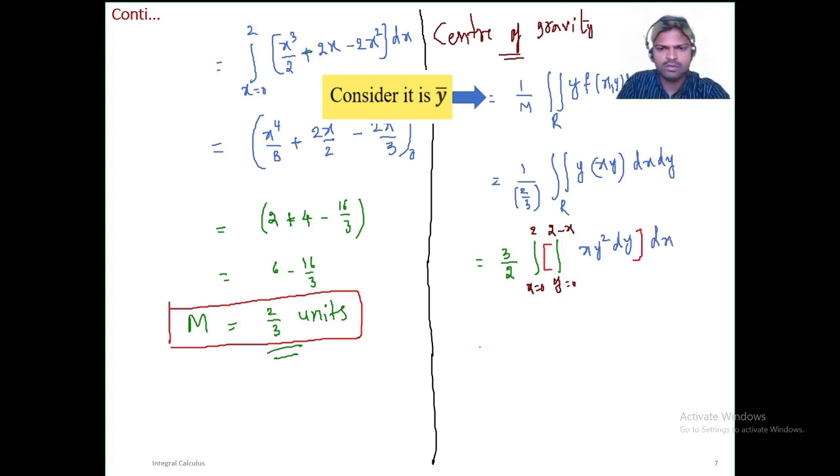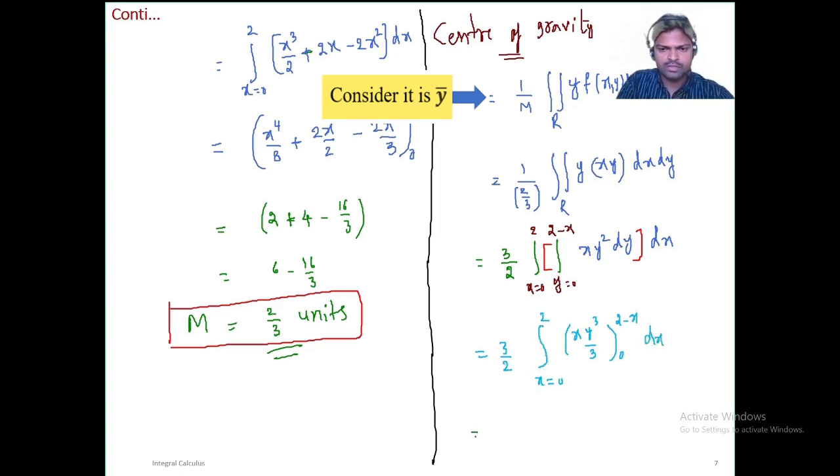Therefore 3 upon 2, now evaluate the integral. First with respect to y, so integration x from 0 to 2, inside x into y raised 3 by 3, with limits from 0 to 2 minus x, into dx.